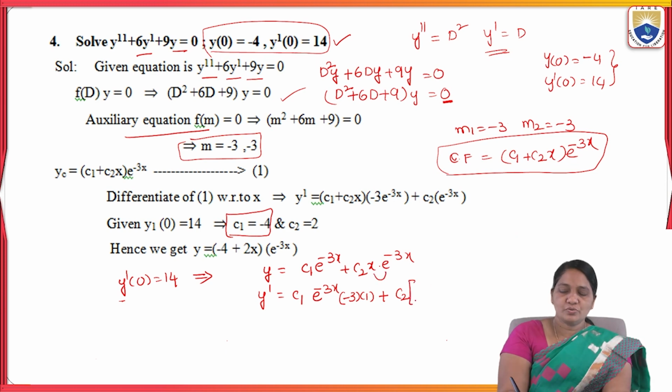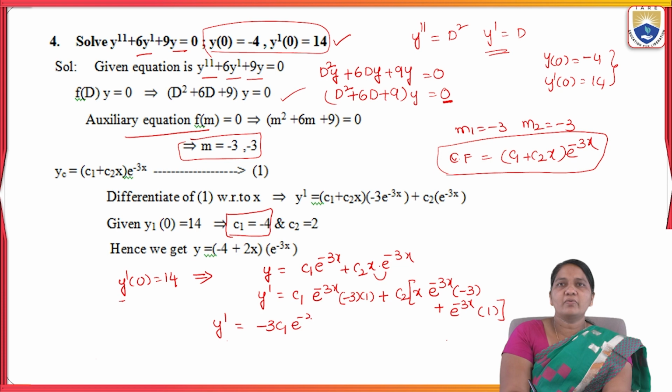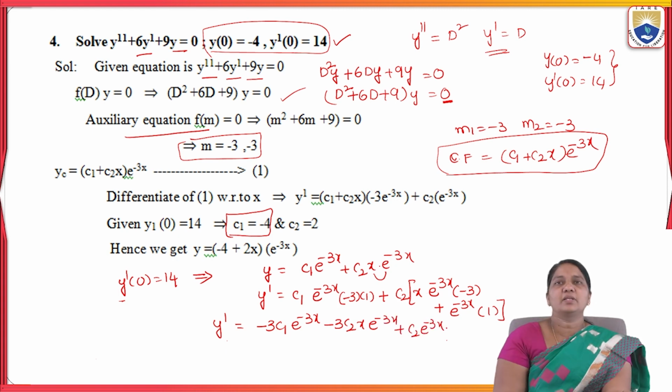So u times the derivative of v is x e^(-3x) into -3, plus v times the derivative of u, where the derivative of x is 1. So from this I get y' = -3 C1 e^(-3x) - 3 C2 x e^(-3x) + C2 e^(-3x).